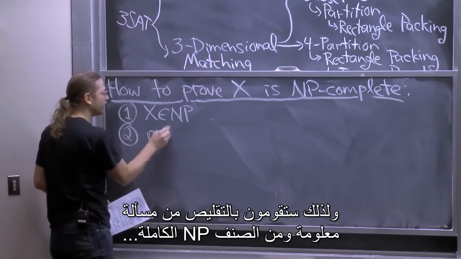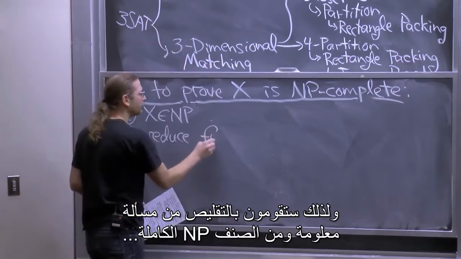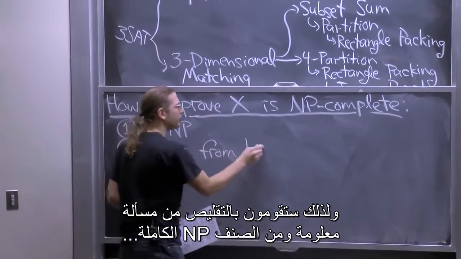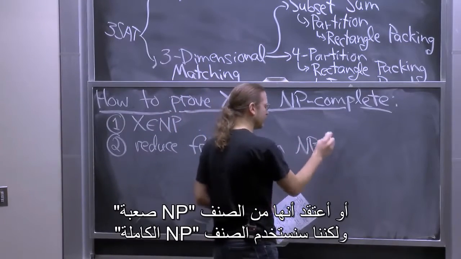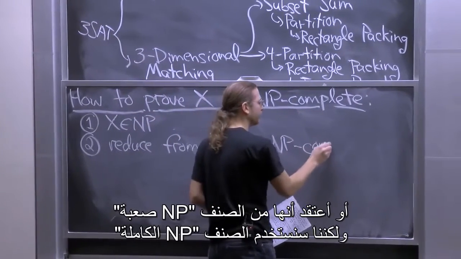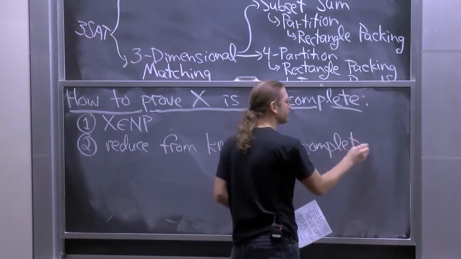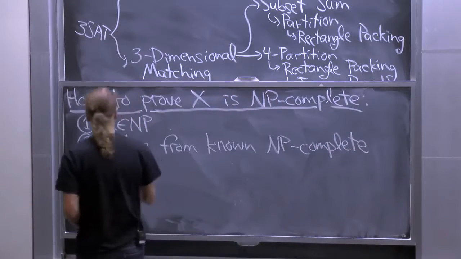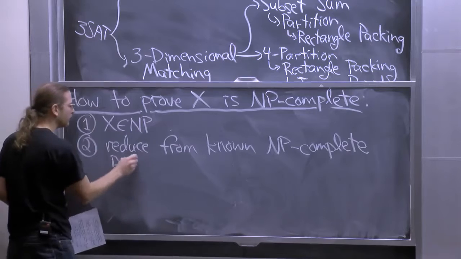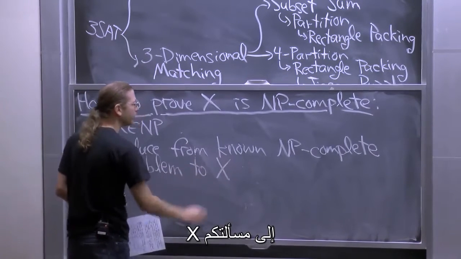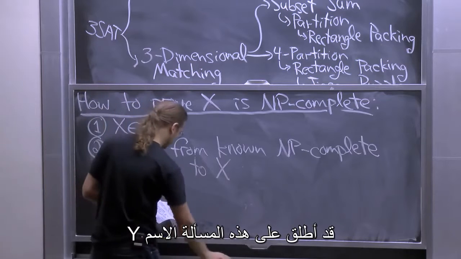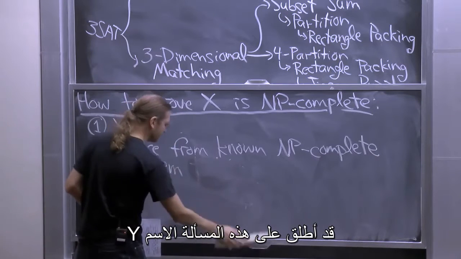And to do that, you reduce from some known NP complete problem, or I guess NP hard, but we'll use NP complete, to your problem X. Maybe I'll give this a name Y.